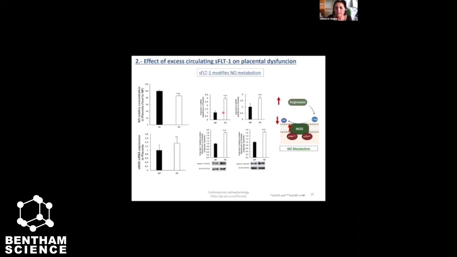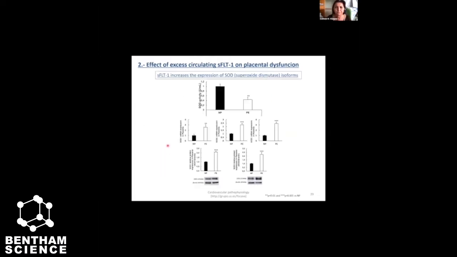These arginases are involved in the degradation of L-arginine, and L-arginine is very important for the production of nitric oxide. However, an increase in the expression of iNOS was observed.